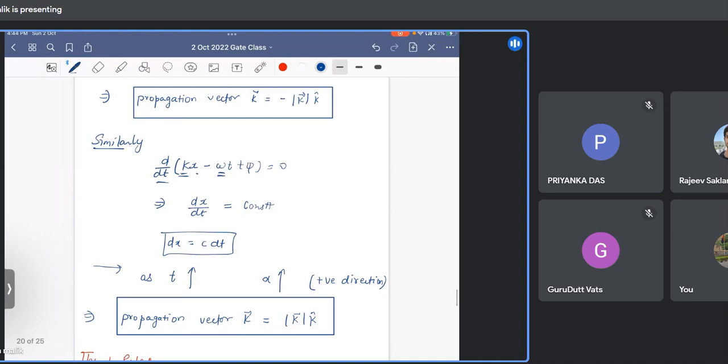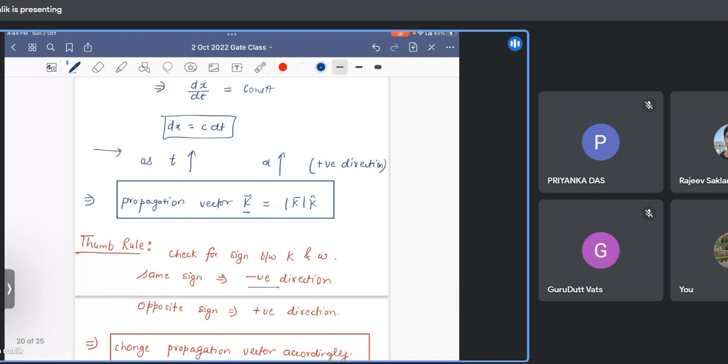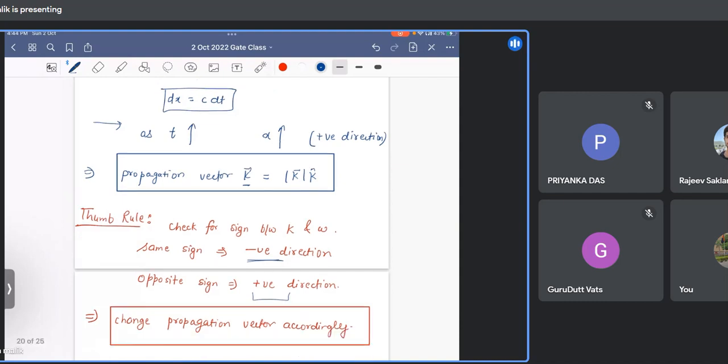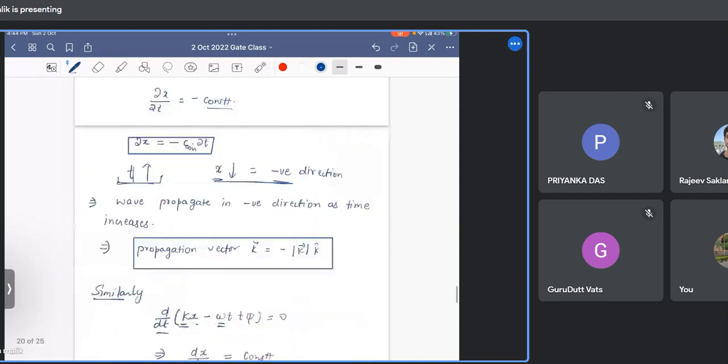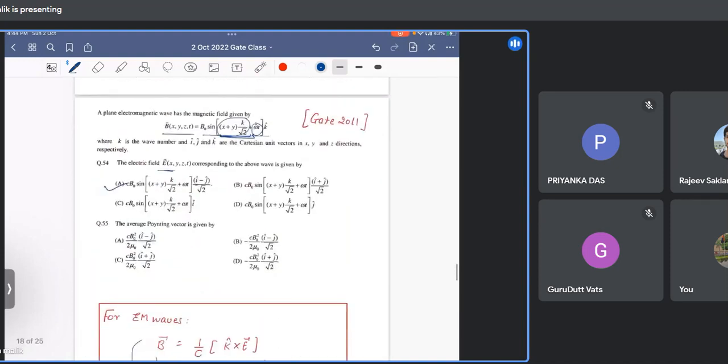So in that case, you will take your propagation vector k in the positive direction. So the thumb rule is: whenever the signs inside this bracket are the same, the wave is going to move in the negative direction. And when the signs are opposite, it is going to move in the positive direction. So the correct option here is A, and this is coming because of this.